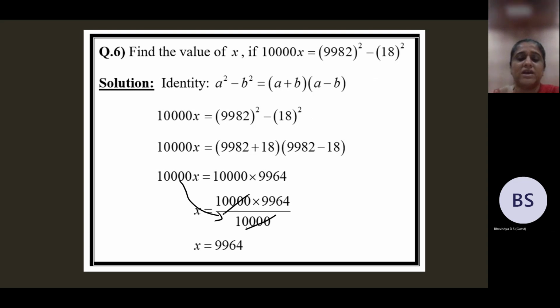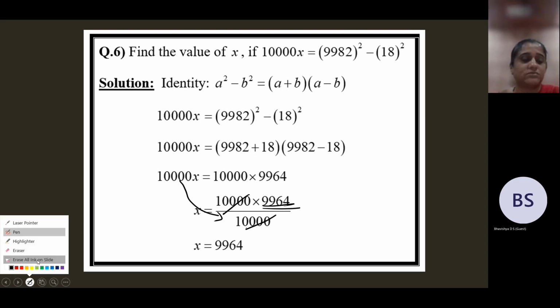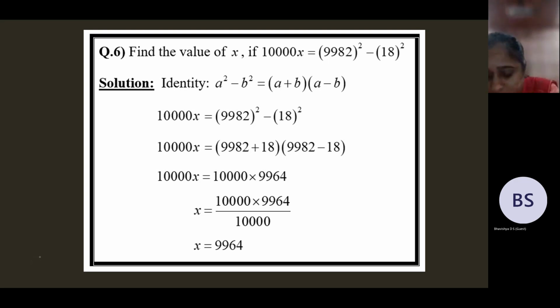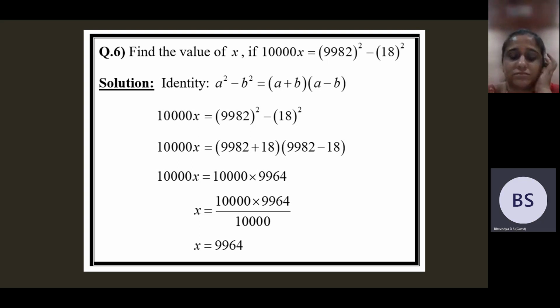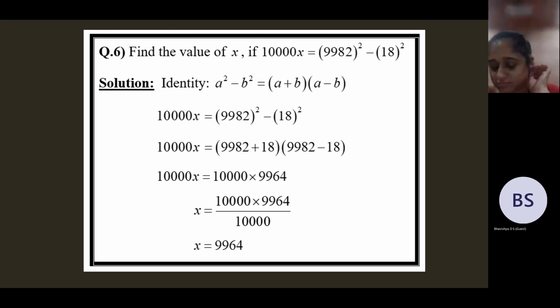Now this gets cancelled and the value of x is 9,964. Understood, Bhavishya? Yes, ma'am. Yeah, take a screenshot. Took, ma'am. Yeah.